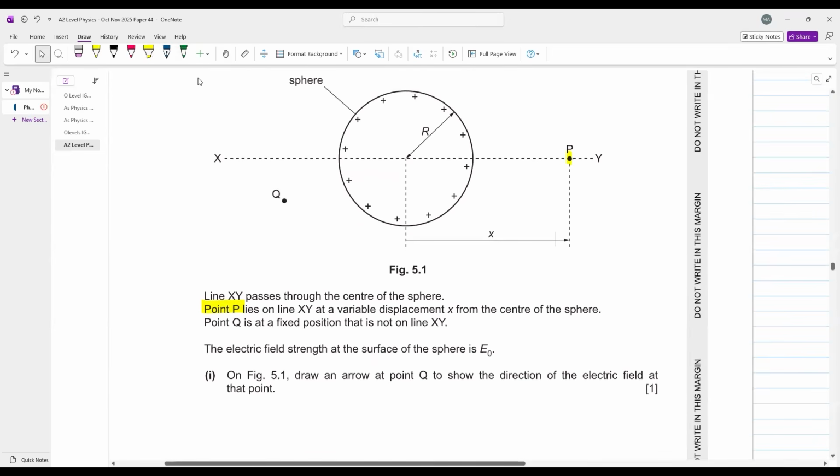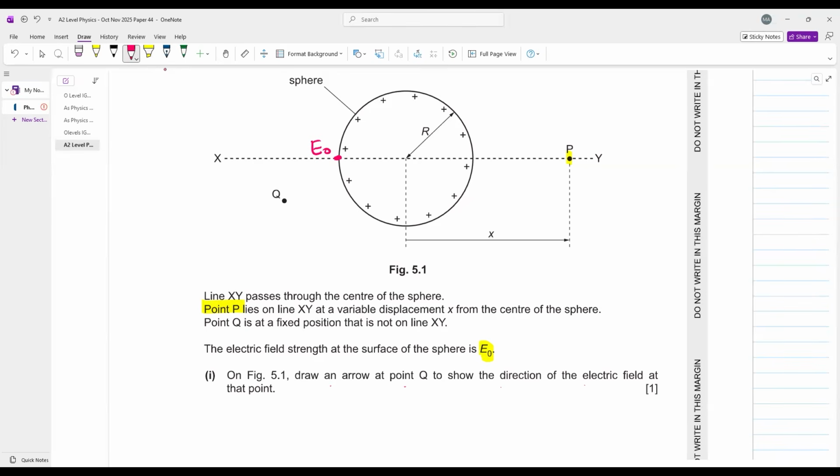Point Q is at a fixed position that is not on line XY. The electric field strength at the surface of the sphere is E naught. On figure 5.1, draw an arrow at point Q to show the direction of electric field at point Q.